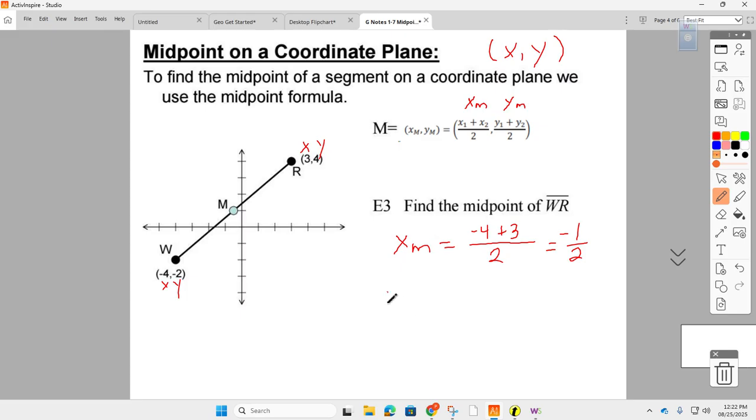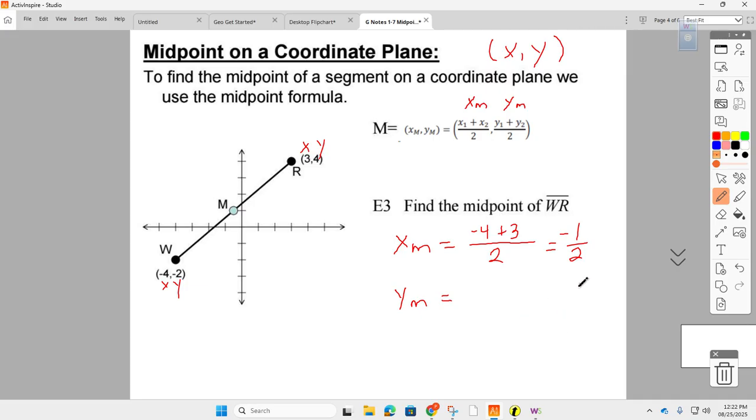So now we know what the x-coordinate of the midpoint is. It's -1/2. So you can see starting from the origin, that must be 1/2. Now we're going to use the formula for the y-coordinate of the midpoint. So now it's just adding the y's and dividing by 2, finding the average of the y's.